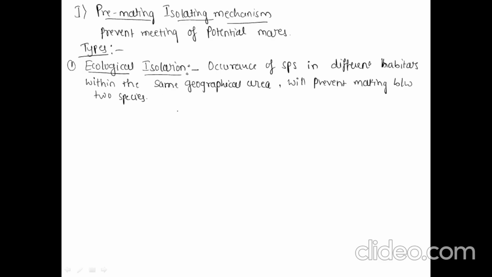Ecological isolation is one of the pre-mating isolating mechanisms where two species occur in different habitats within the same geographical area. The occurrence in different habitats prevents mating between the two species, which is called ecological isolation.